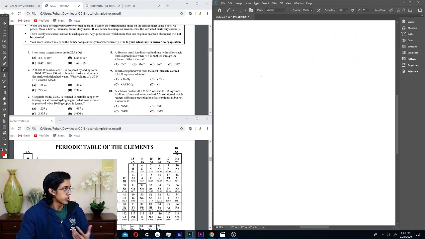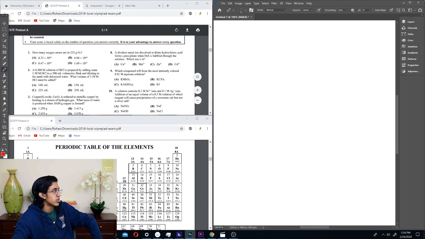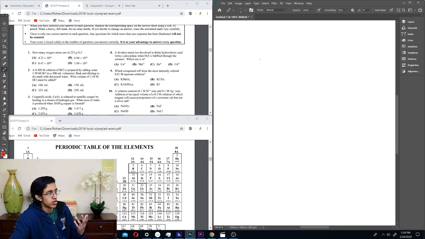We have a 0.3 molar solution of HCl, prepared by adding some 1.5 molar HCl to a 500 milliliter volumetric flask and diluting it with deionized water. What volume of 1.5 molar? You want the number of moles of the acid to be the same.